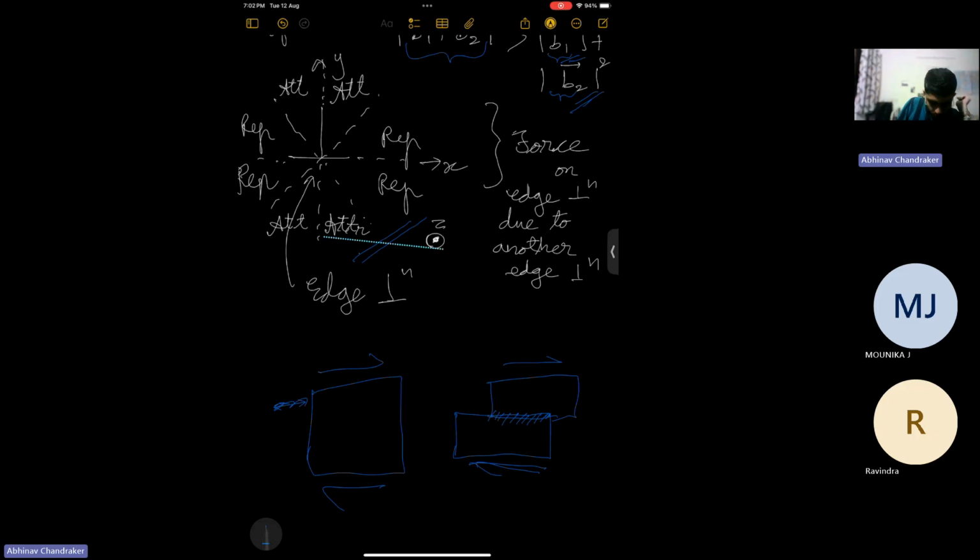So you have an edge dislocation in the middle, like this is your edge dislocation. This is your xy plane. Your z is outside the plane of this paper, and your dislocation line is along z. The Burgers vector is along x. Then if you have a dislocation at some other point with respect to this first dislocation, we can tell whether it will be attracted or repelled by this diagram.